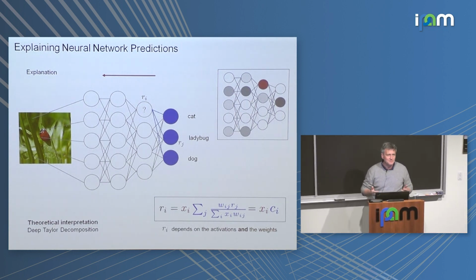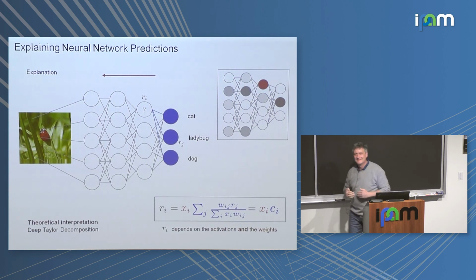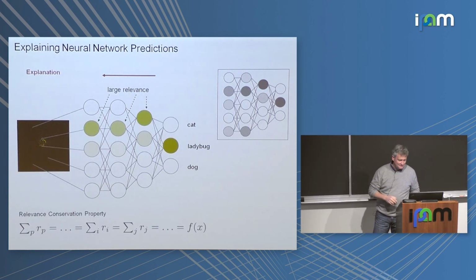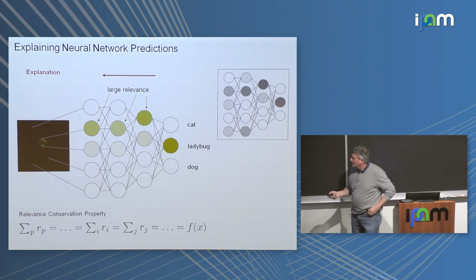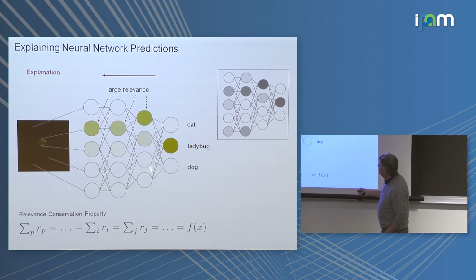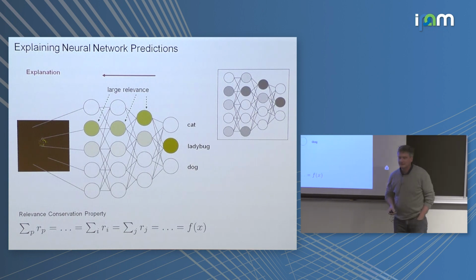Because as you know from school, local linear means global nonlinear. Right? So there's some more ingredient that we need. If we think about the relevances here across the layers, then we would like them to be conserved, right?